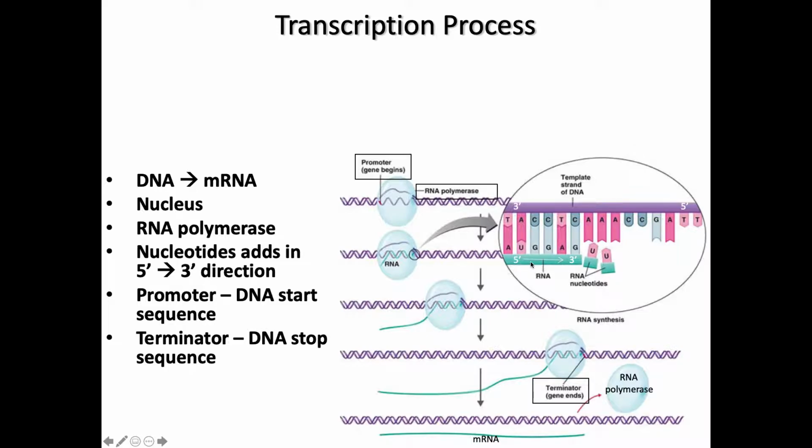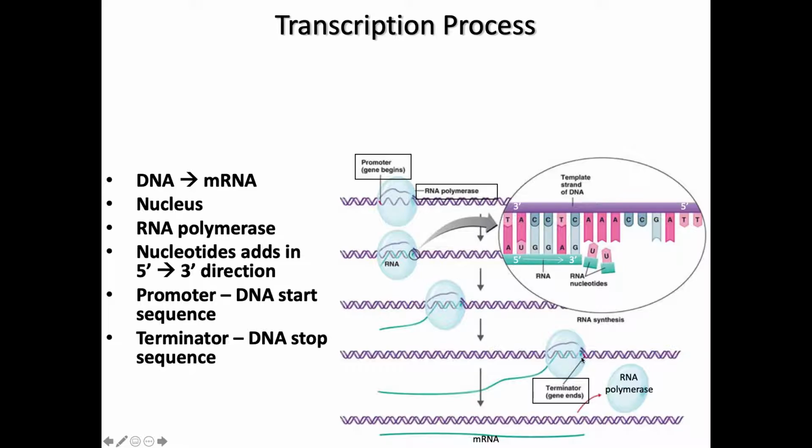So this new mRNA runs in the 5' to 3' direction. It keeps adding and adding and adding. And as that mRNA is made, it peels from the DNA molecule. And then RNA polymerase knows to stop where the gene stops at this terminator DNA sequence. So this is the stop signal for the RNA polymerase.